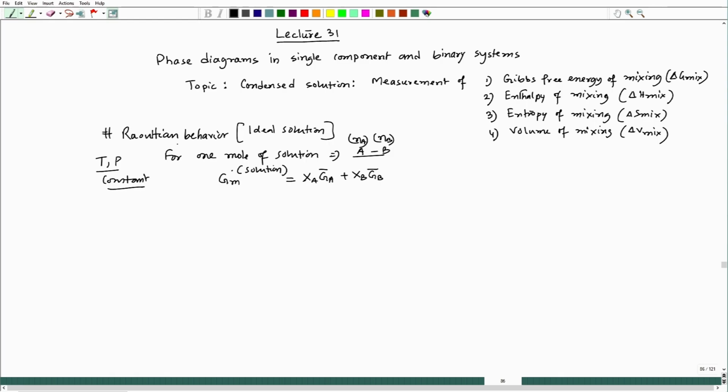And whatever considerations we had for the Raoultian behavior: one is that the atomic size of A and B is the same, and the bond energies are the same. That means EAA equals EBB equals EAB.